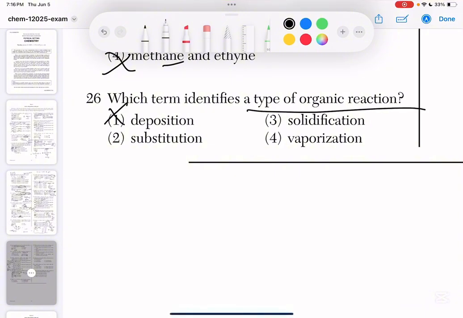Deposition is when, say you have something insoluble, and then you add water. It's still going to precipitate, right?